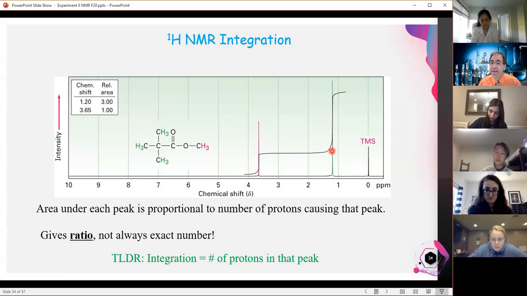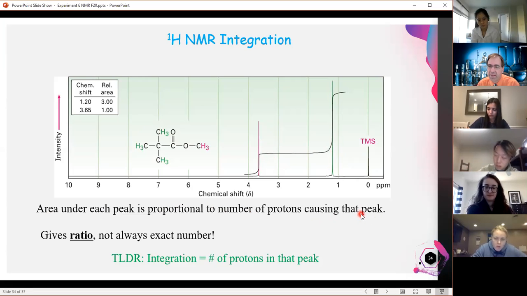They are simply the area under the curve. However, these are usually very sharp curves, and it's hard to measure the area, but computers are good at it. So the computer does this for you, for this method. For GC that we'll see in a couple weeks, we have to do it ourselves, but here we do it. So the area under each peak is proportional to the number of protons causing that peak.